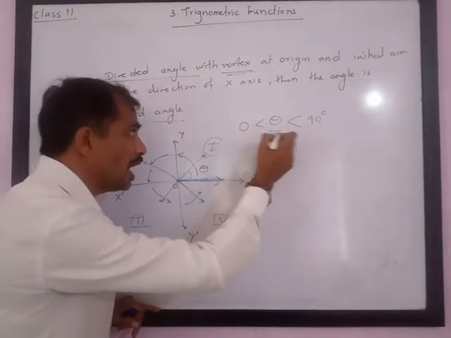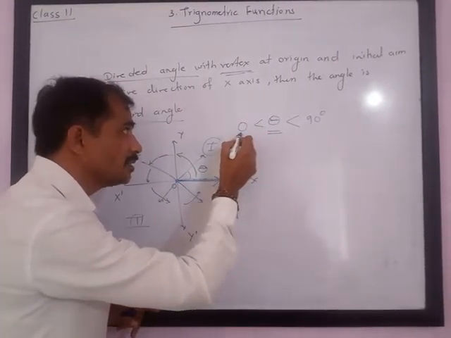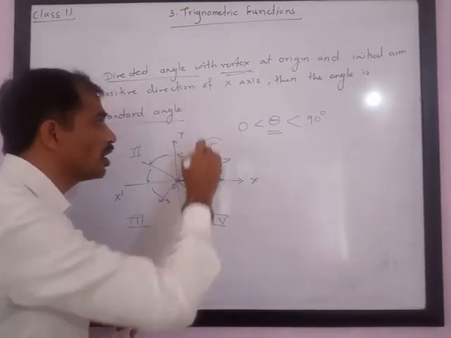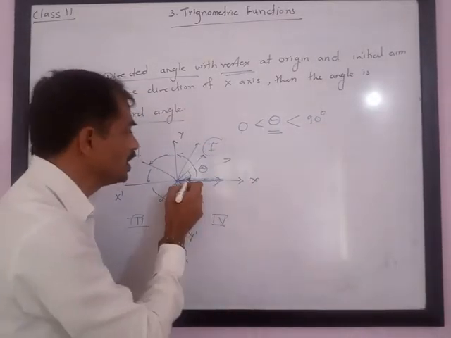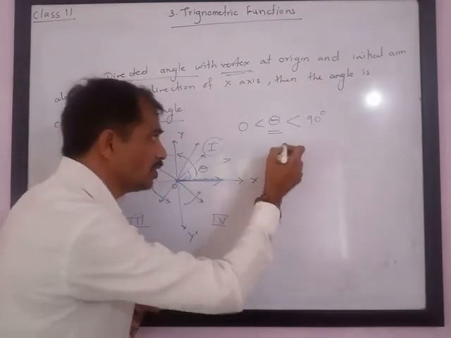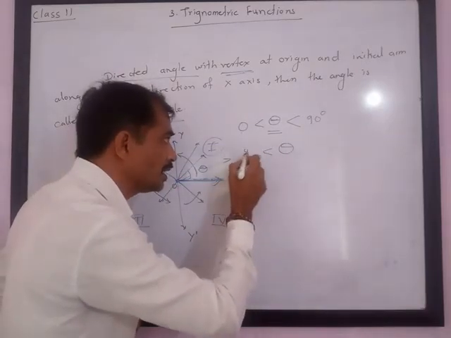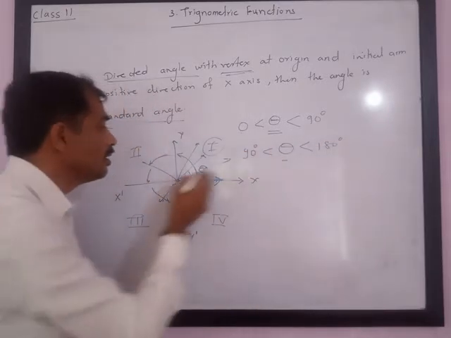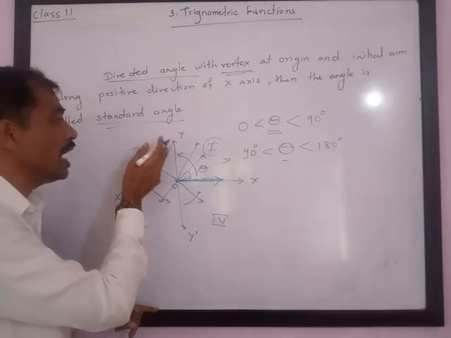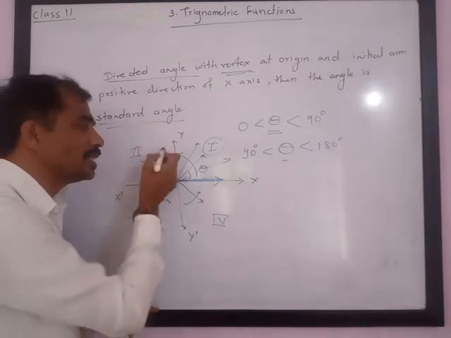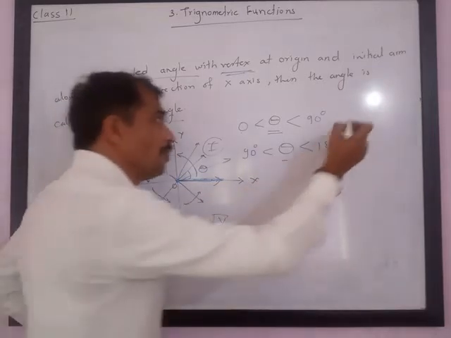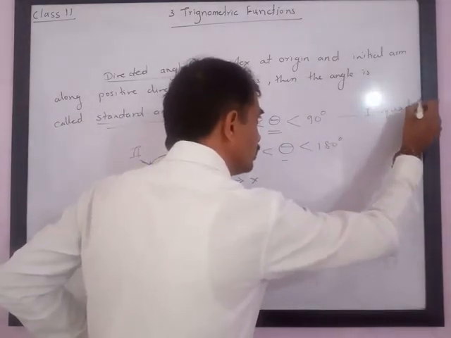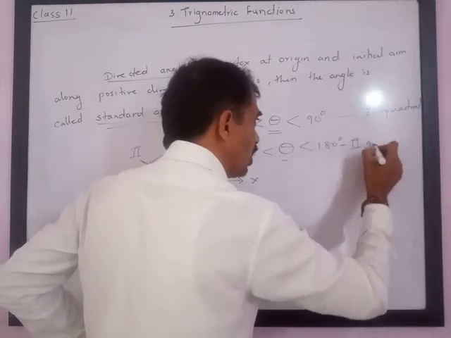If theta is greater than 90 degrees but less than 180 degrees, then the terminal arm will lie in the second quadrant.